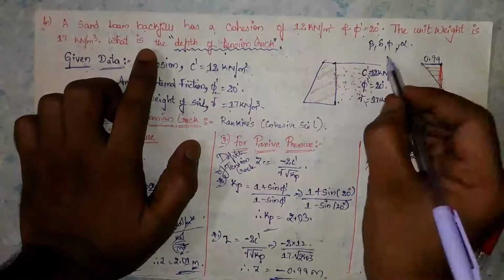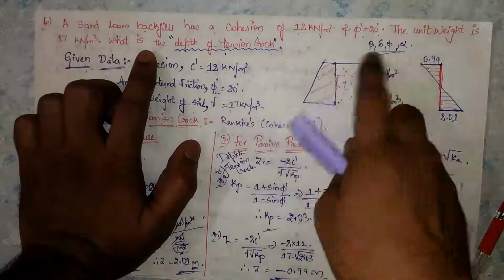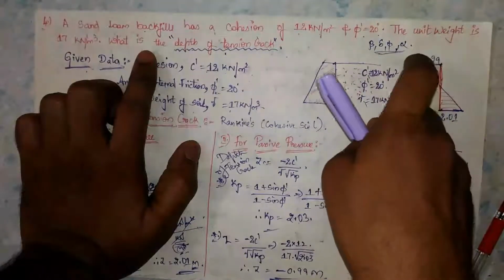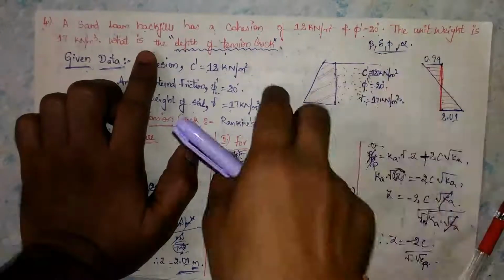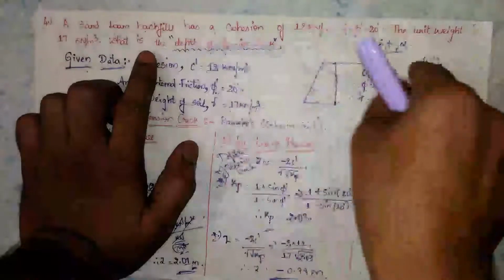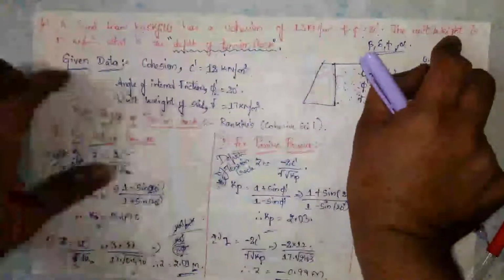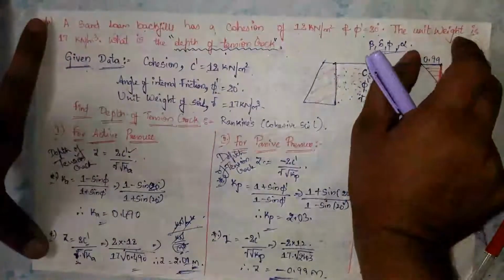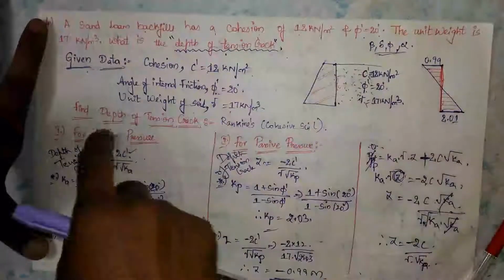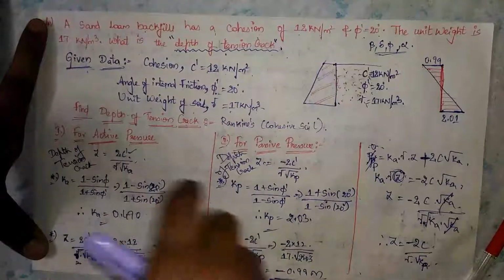If these parameters are presented, we have to use Coulomb's theory or Rankine's theory formula. Same process. So if you want to do the problem, take a question paper, read the question once again, write the given data parameters, draw a small sketch, and use the formula by Coulomb's theory or Rankine's theory. So you will get the answer.